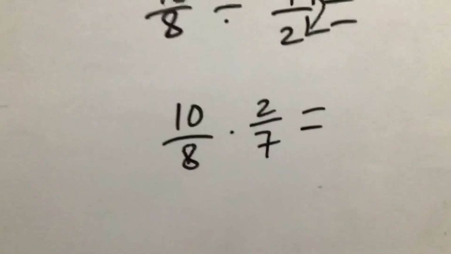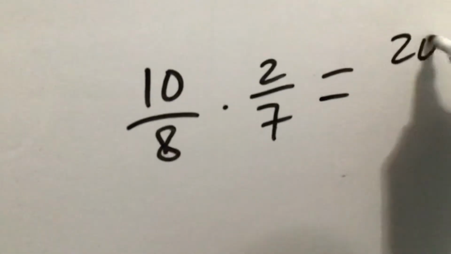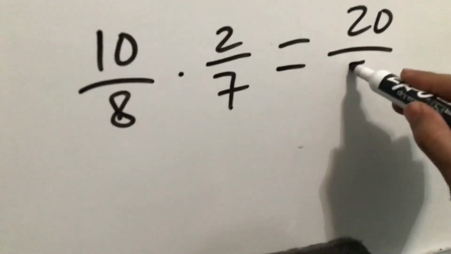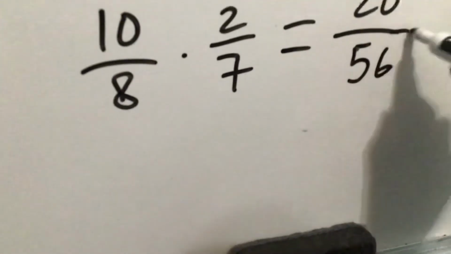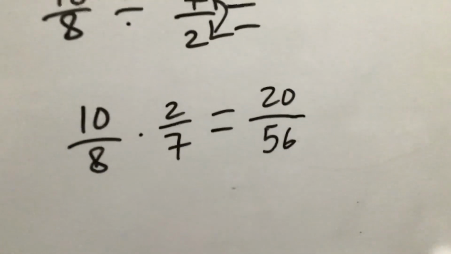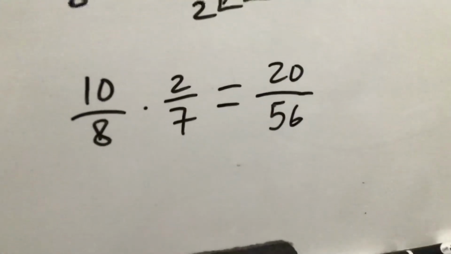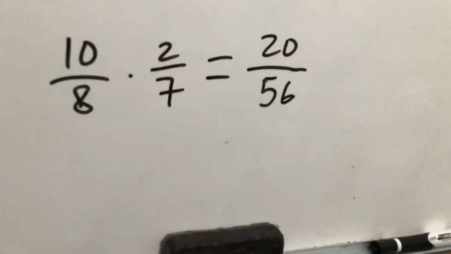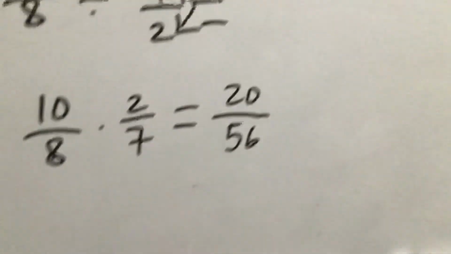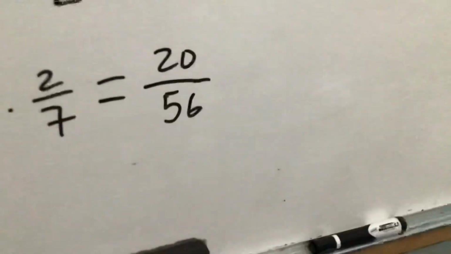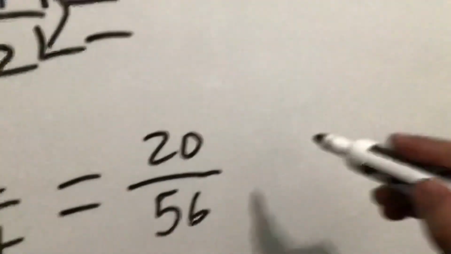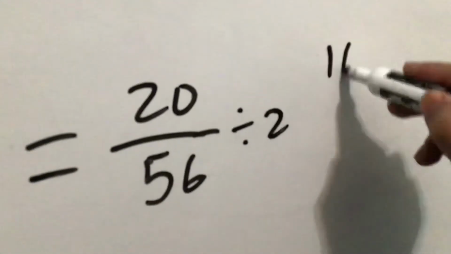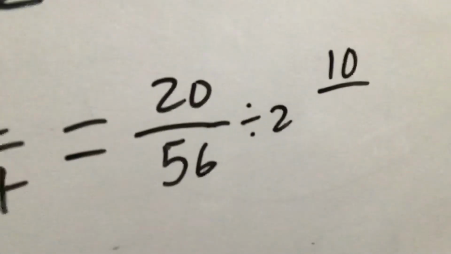Numerator with numerator, 10 times 2 is 20. 8 times 7 is 56. Again, you know you have to simplify this because both numbers are even. So if you don't know what number to use, you can start with 2. 2 will go into both numbers. So 2 goes into 20 10 times. 2 goes into 56.